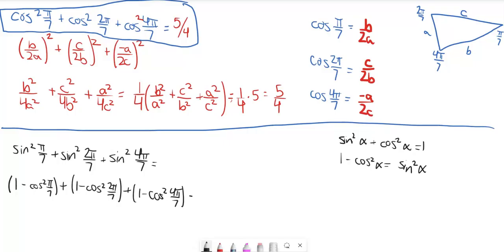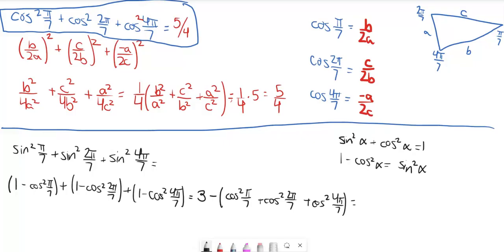And this works out quite neatly. We can distribute the pluses through and get rid of the parentheses. We have 1 plus 1 plus 1, which is 3. And then we take away, notice how we have the negatives on each of the cosine squared ratios. We can factor that out, and we get cosine squared of pi over 7 plus cosine squared of 2 pi over 7 plus cosine squared of 4 pi over 7.